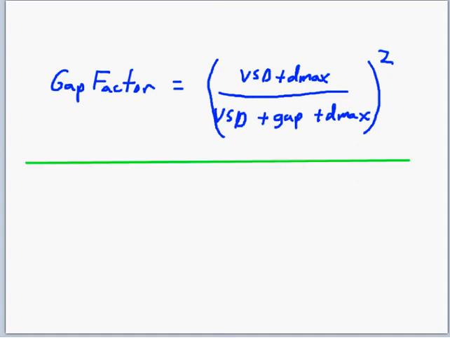So let's say we have a virtual source distance of 82 for this case, and we wanted to know what the distance factor would be if we went from 100 to 105 SSD.